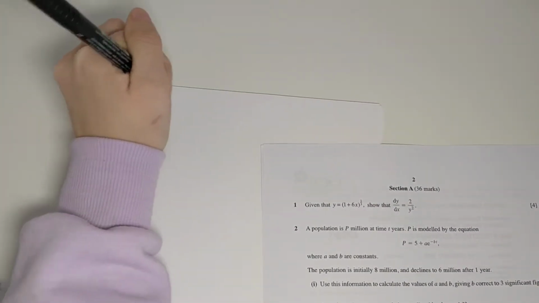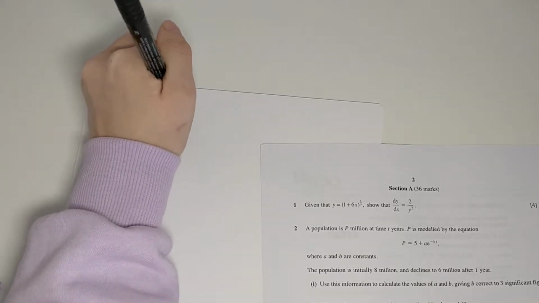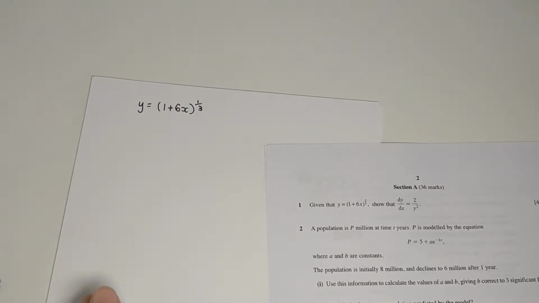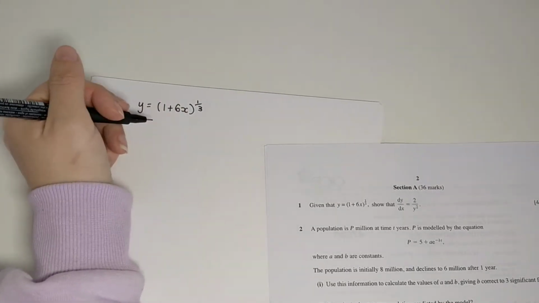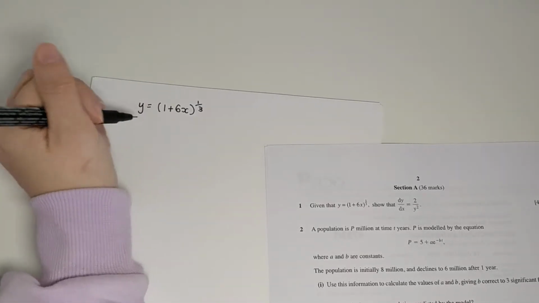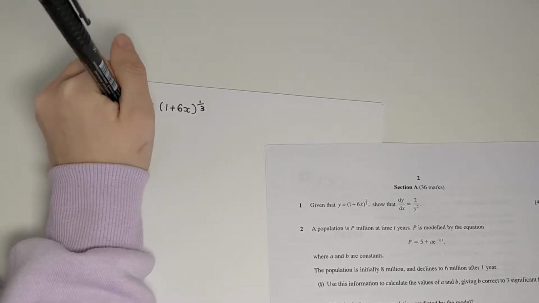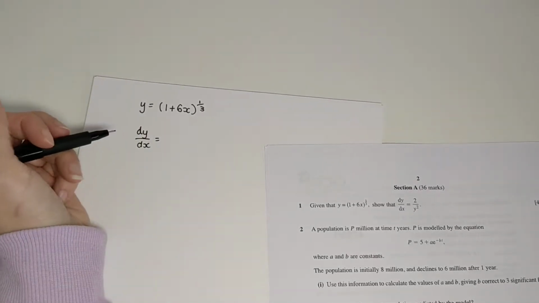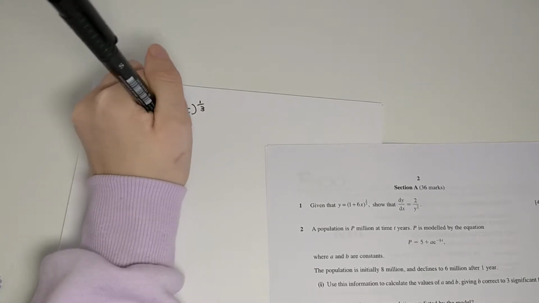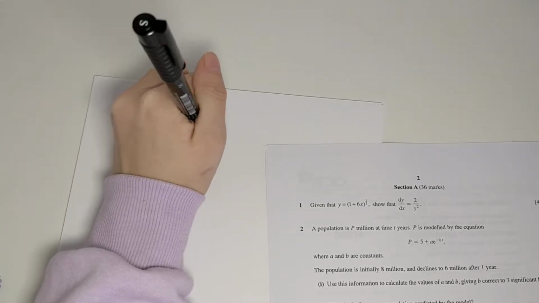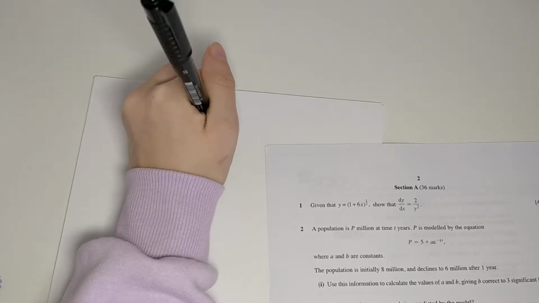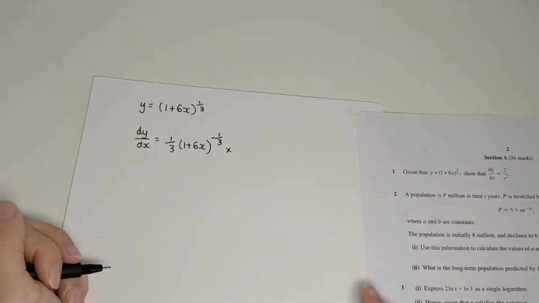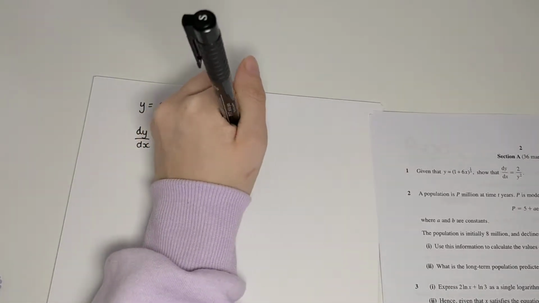So y equals (1 plus 6x) to the power of a third. Okay, so we're going to use chain rule here. Either the quick chain rule or the slow one with the let u equals. I'm going to do the quick one. So the bracket to the power of a third would become a third bracket to the power of minus a third, and then I have to times that by the derivative of the bracket, so that is 6.